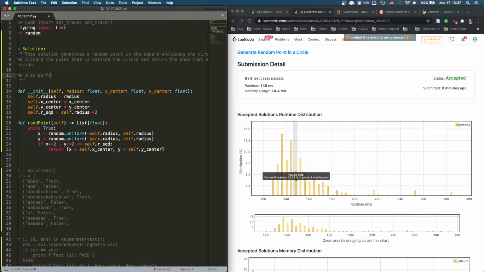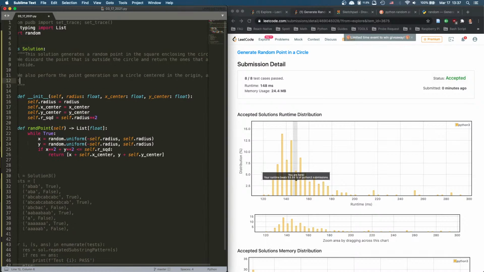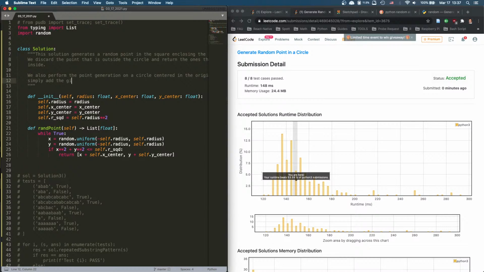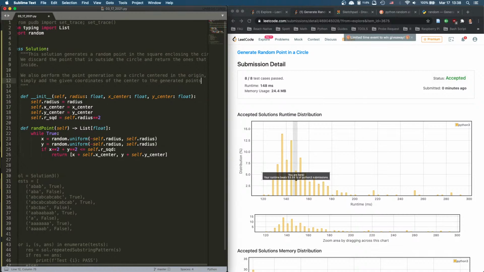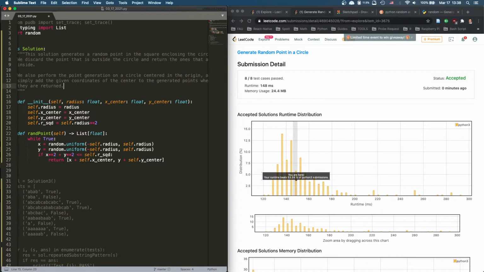We also perform the point generation on the circle centered in the origin, and simply add the given coordinates of the center to the generated points when they are returned.